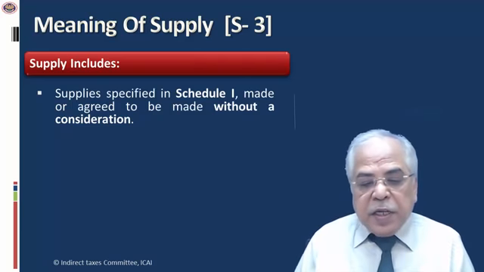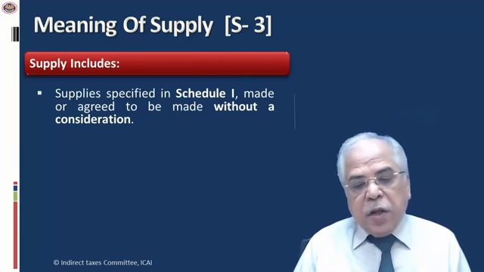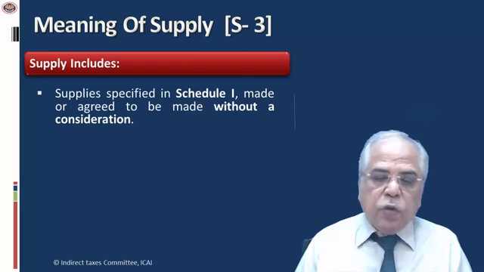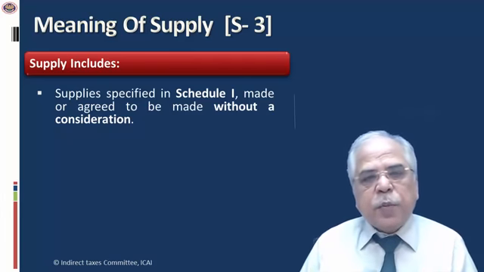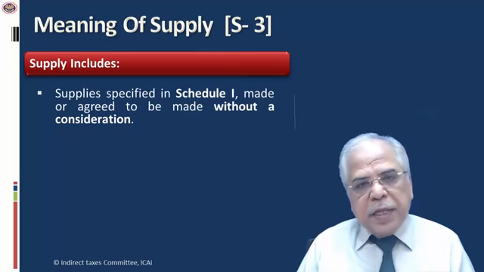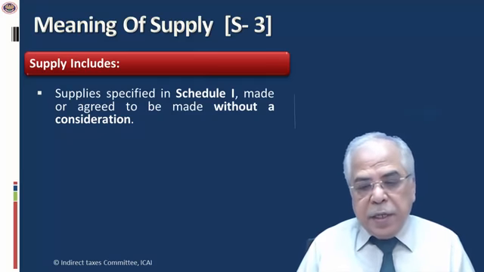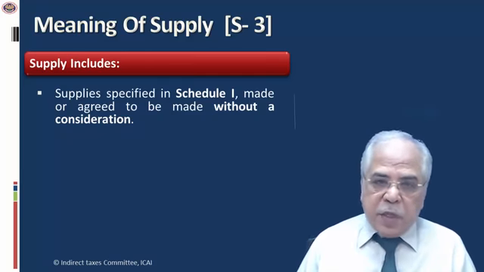Supplies specified in Schedule 1 made or agreed to be made without a consideration. If you look at the present definition of service, "provided or agreed to be provided", because the term is supply, they say made or agreed to be made without a consideration.